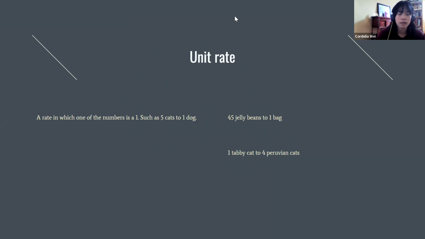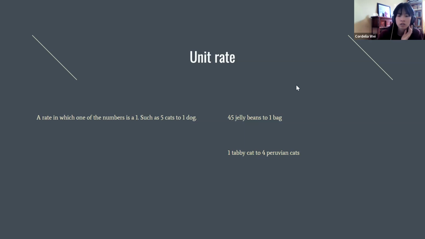So it could be 5 dogs to 1 cat. Can you give me a unit rate? It doesn't have to make sense.